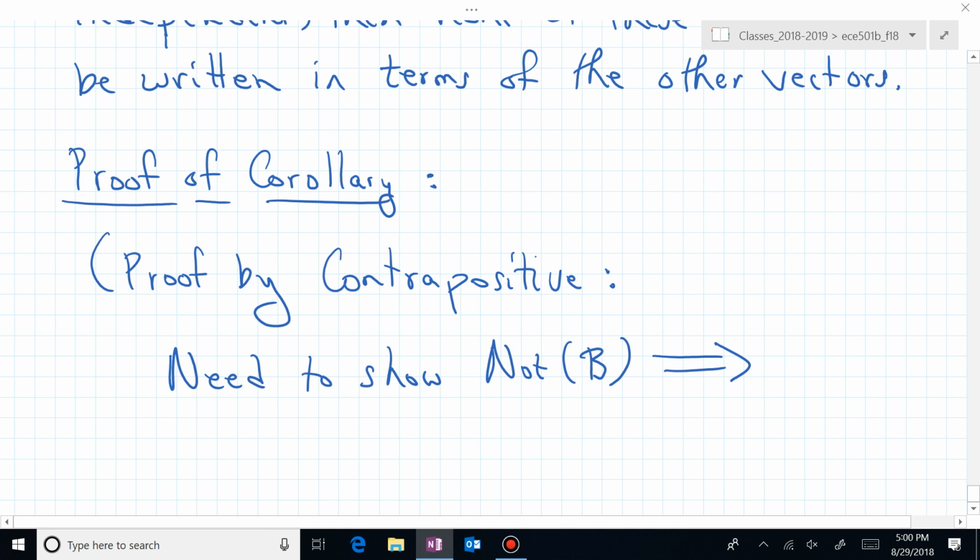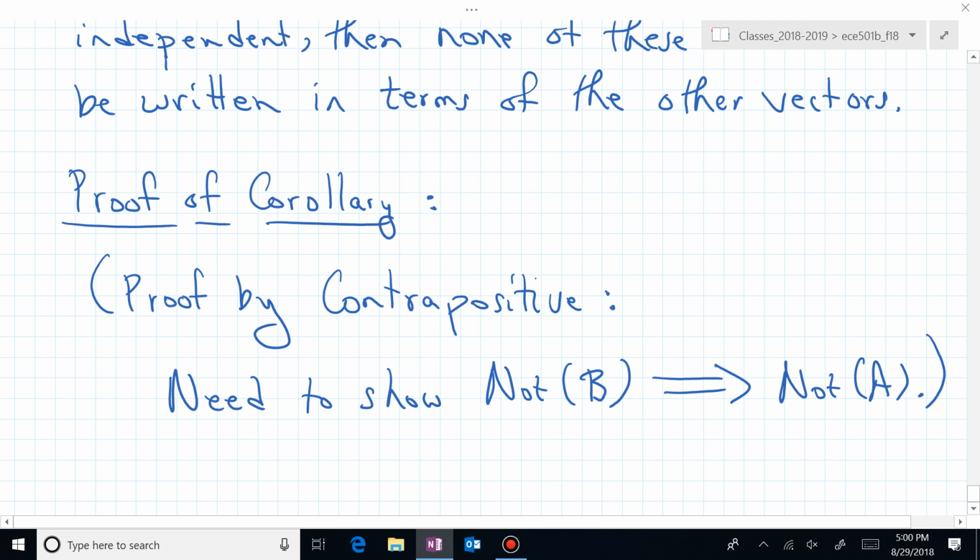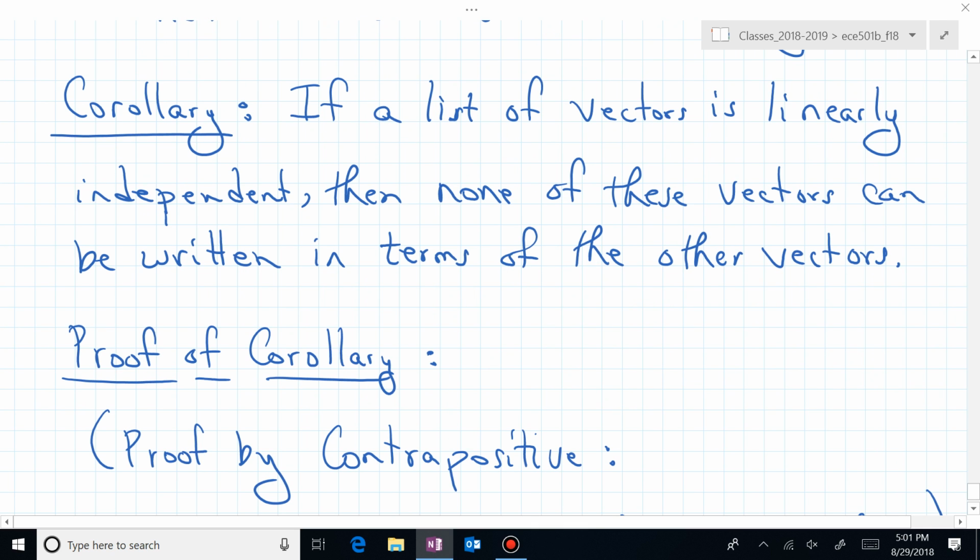Not A. That's logically equivalent to A implies B. So now, based on this corollary, what is not B? One of the vectors can be written as a linear combination of all the others, right?